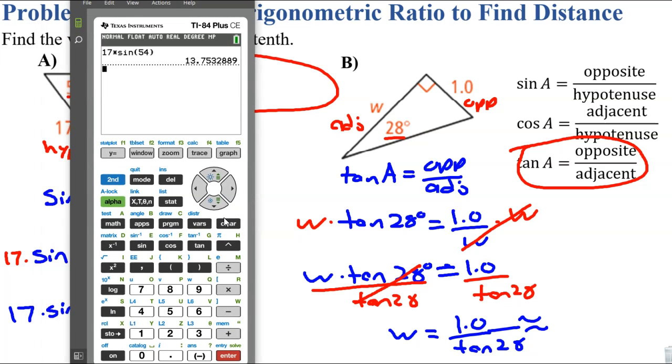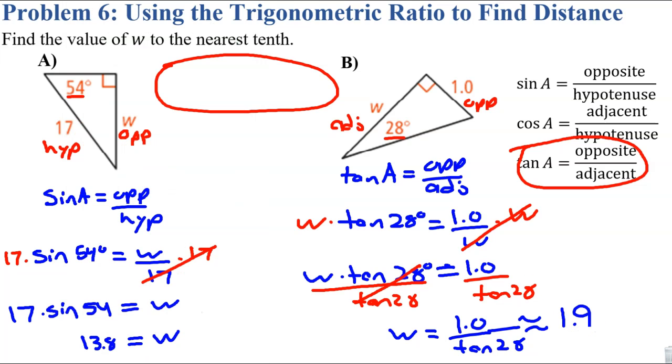And the way I'd plug this one in is just the way I see it. We can say 1.0 divided by tangent 28. When I plug that in, I get a 1.9, we can round that to, for my value W for this one.